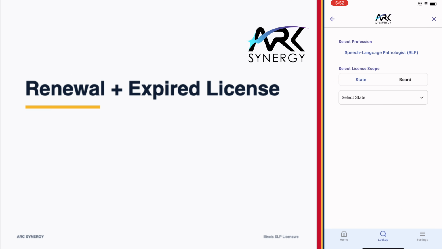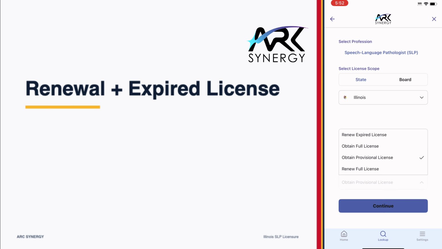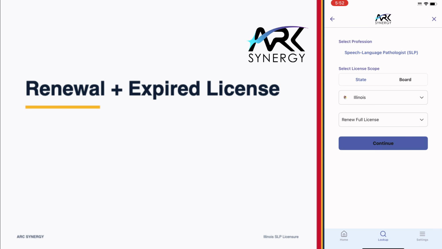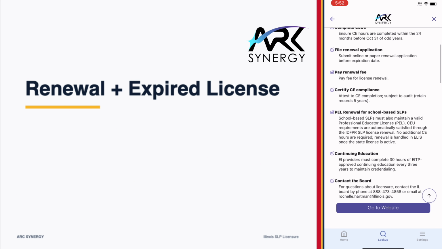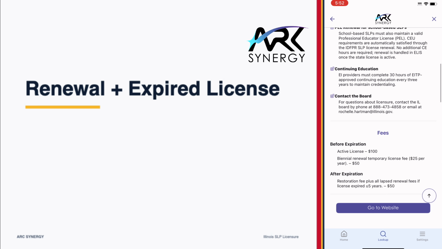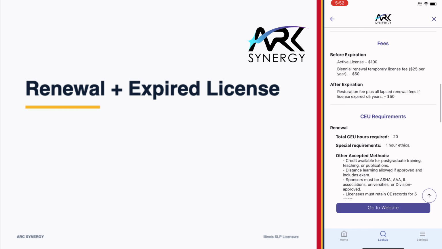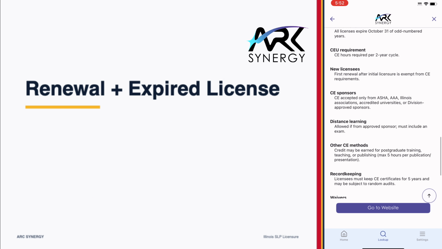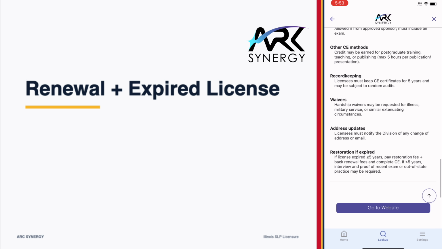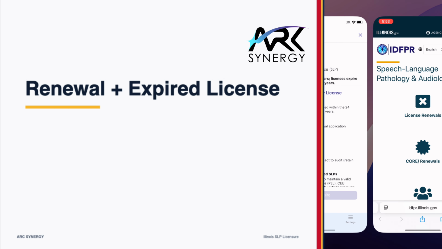The deadline to renew your license is October 31st of odd numbered years. The CEU total includes a mandatory ethics hour that is separate from your general hours, and the reinstatement process has a hard 5-year mark where it can get significantly more involved if you don't know what to look for. So let's go through it.